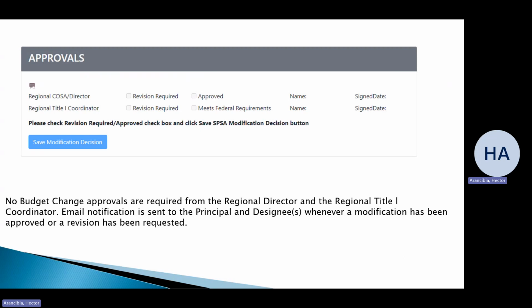The name and date stamp will automatically populate once one of those two boxes is checked off and the reviewer clicks on the Save Modification Decision button. An email notification will be sent to the principal and school designee when a modification has been approved or a revision is required.